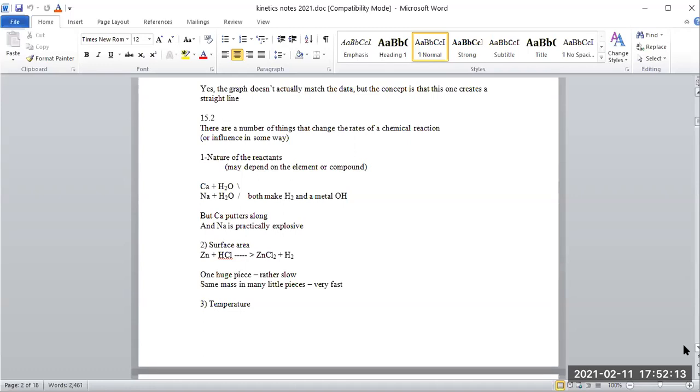But if you would like a much faster, much more fun to watch reaction, you could take powdered zinc, which has much more surface area, and put it in your hydrochloric acid, and it will froth, okay? Because it's going to give you better rate due to the greater surface area.